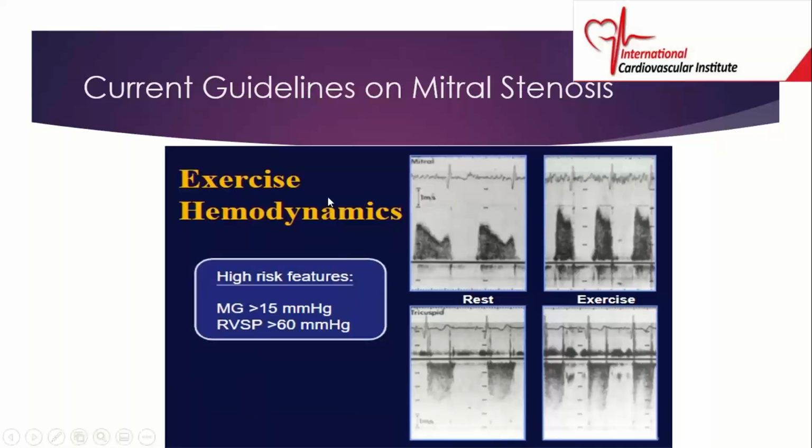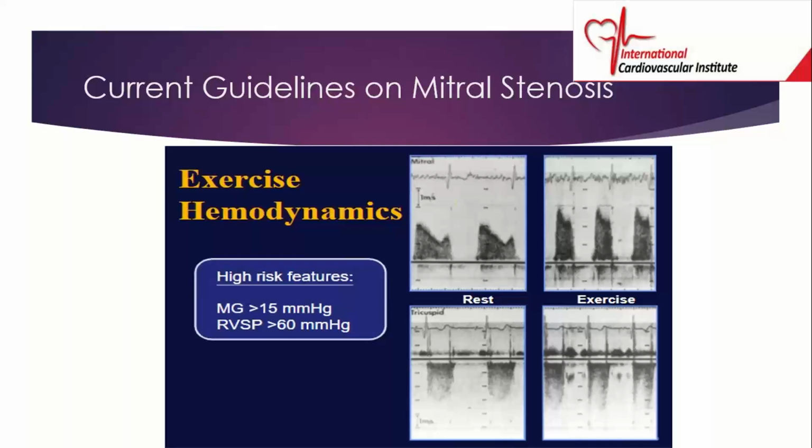Again, with patients with mitral stenosis, sometimes you have to exercise these patients, because sometimes they're symptomatic with exertion. When they walk or they go up steps, they're symptomatic. They come to the office and lie on the echo table and you do your measurements.